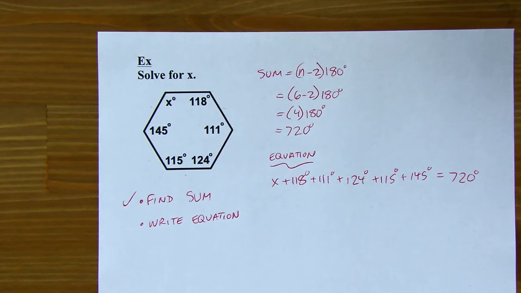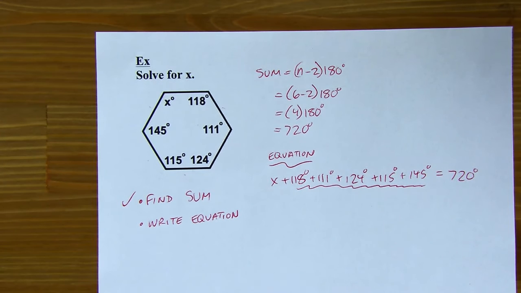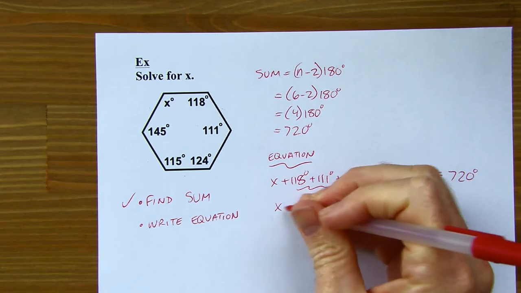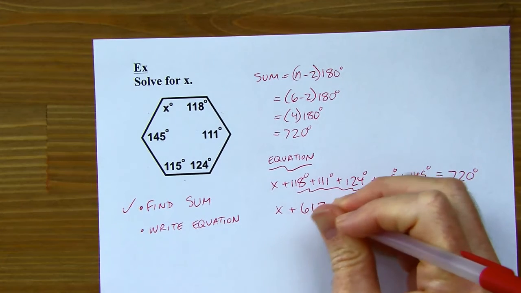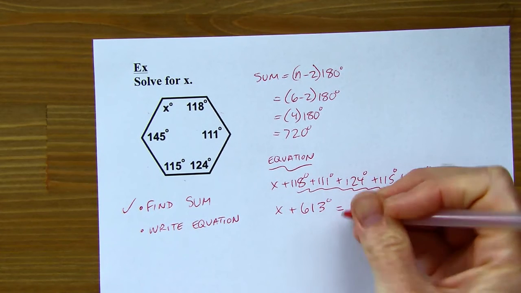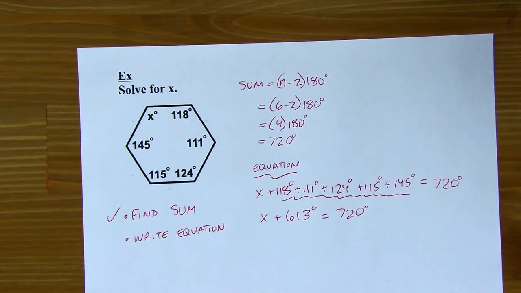And now it's just a matter of doing the arithmetic over here. I'm going to combine all of those like terms, okay? So when you add up all of those on the left, you're going to get 613 degrees. And then subtract 613.